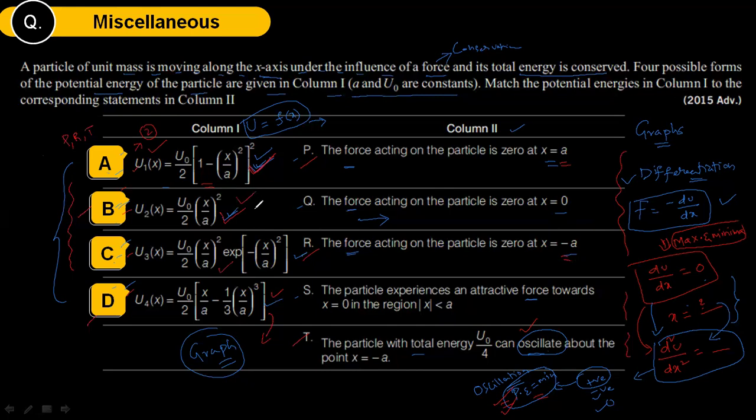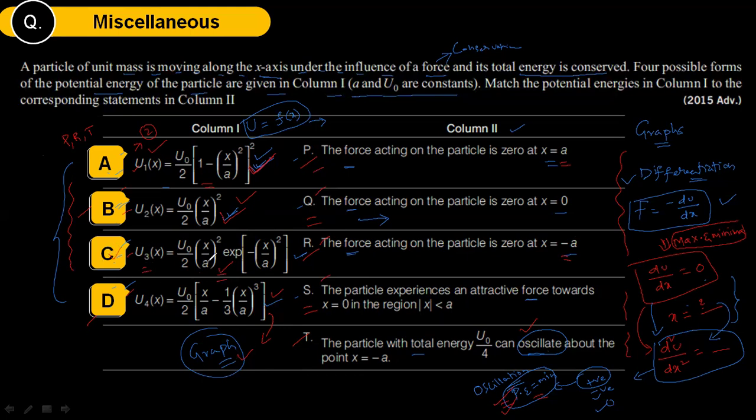And B, since it is a simple parabola, will satisfy this one as well as this one, that's it. You can check it with the help of this knowledge. And coming to C, since it is parabola and exponential, it will satisfy P, Q, R and S. You can check it out, all four will be satisfied. If you are really good at analyzing the graph, then time can be saved in identifying the options.